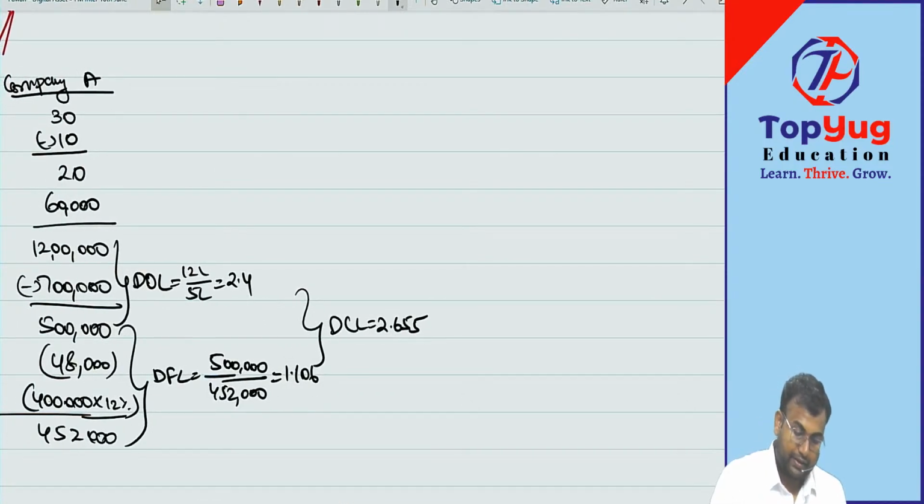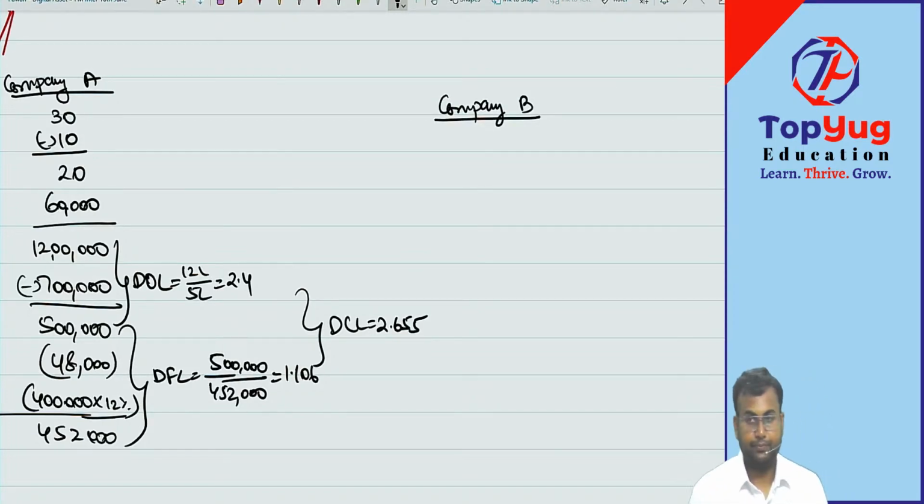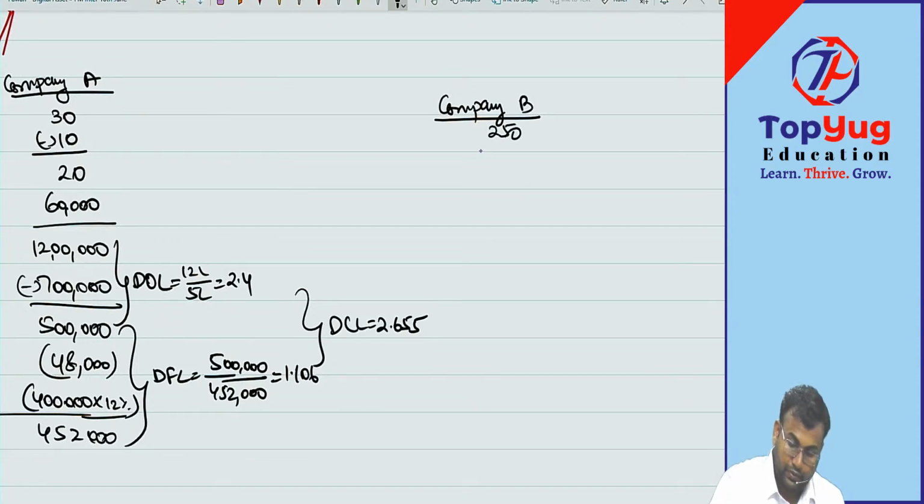I'm just parallelly writing company B. So how much is the selling price? 250 minus 75. So my contribution per unit comes to 175.